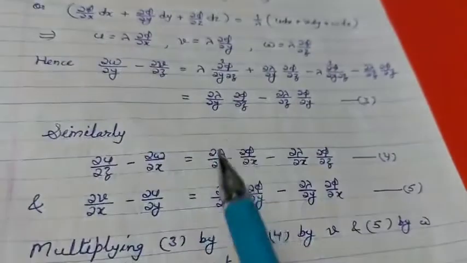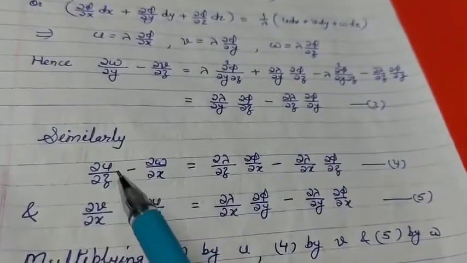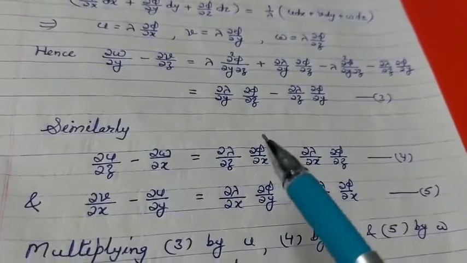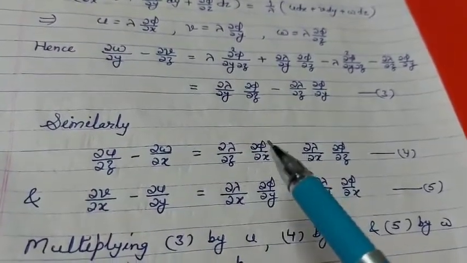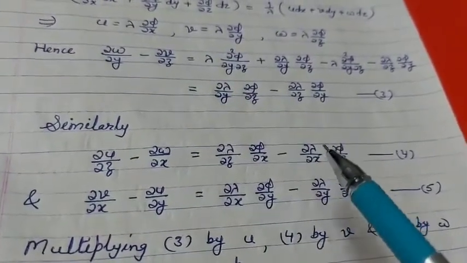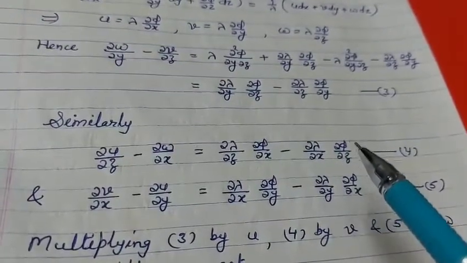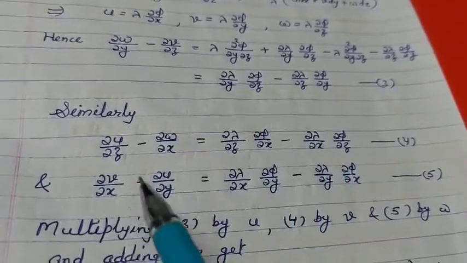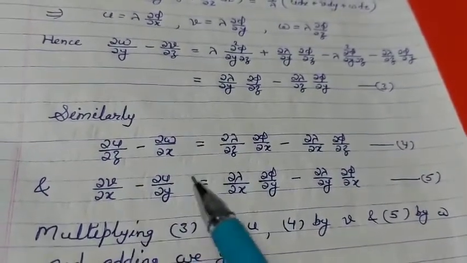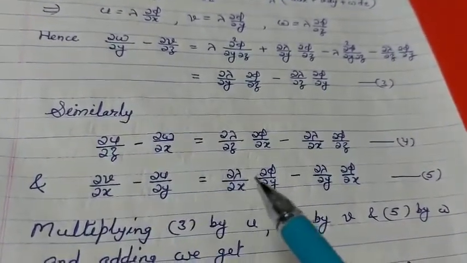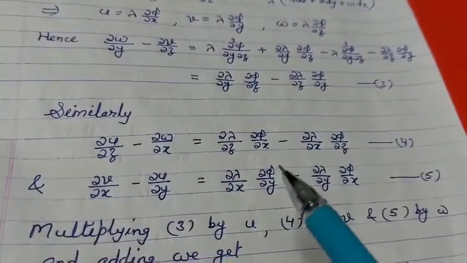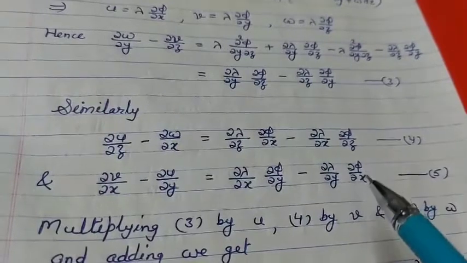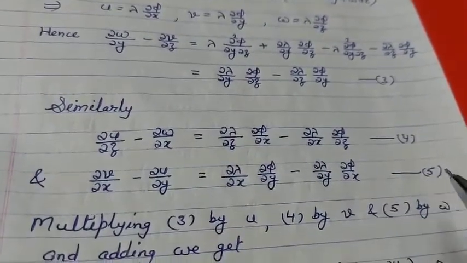Similarly, we have del u by del z minus del w by del x is equal to del lambda by del z into del phi by del x minus del lambda by del x into del phi by del z. Suppose this is equation number 4, and similarly del v by del x minus del u by del y is equal to del lambda by del x del phi by del y minus del lambda by del y into del phi by del x, and this is equation number 5.